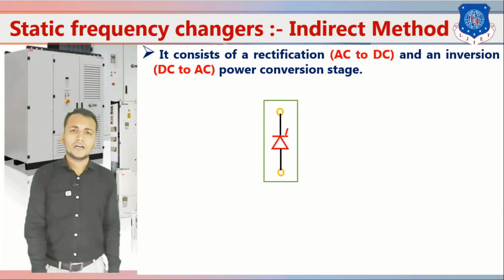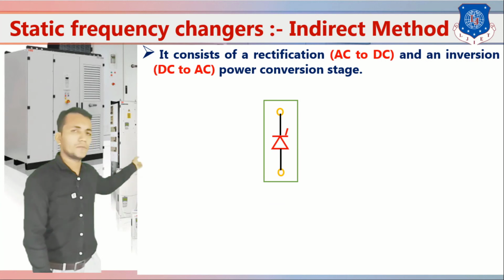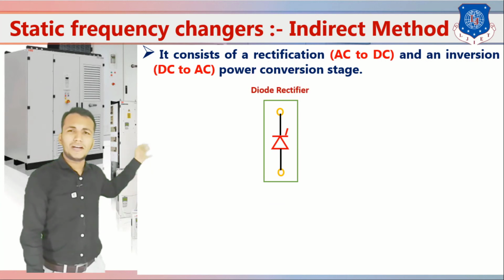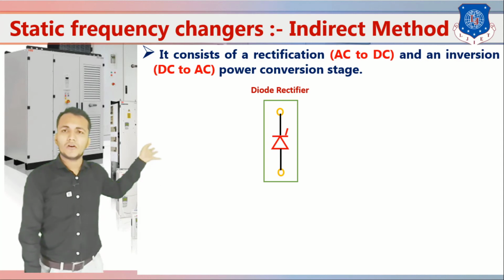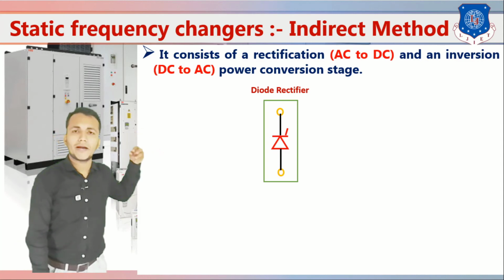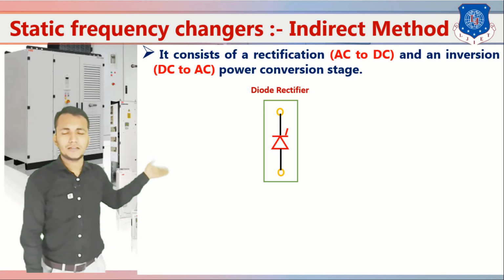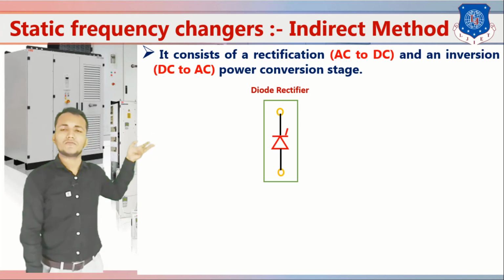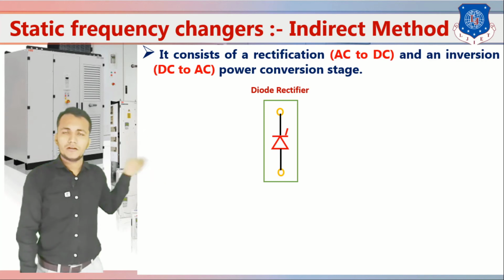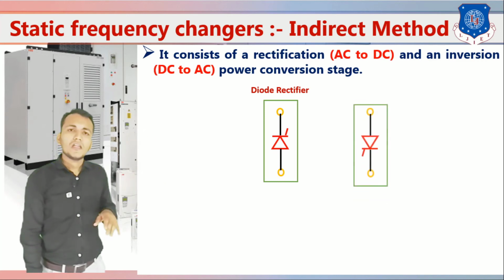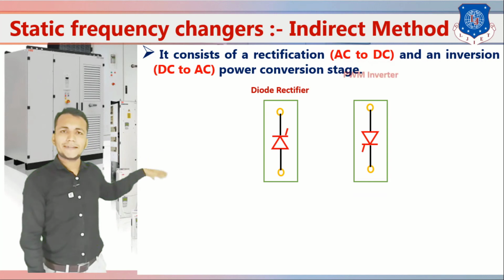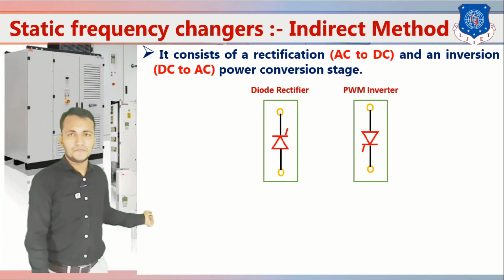So in this figure you can see first we have provided a diode rectifier circuit, or an HCR rectifier circuit, okay. If we have to provide a controlled rectifier, then we provide HCR. If we have to provide a diode rectifier, then we can also provide that rectifier circuit. Then another is a PWM inverter, okay.